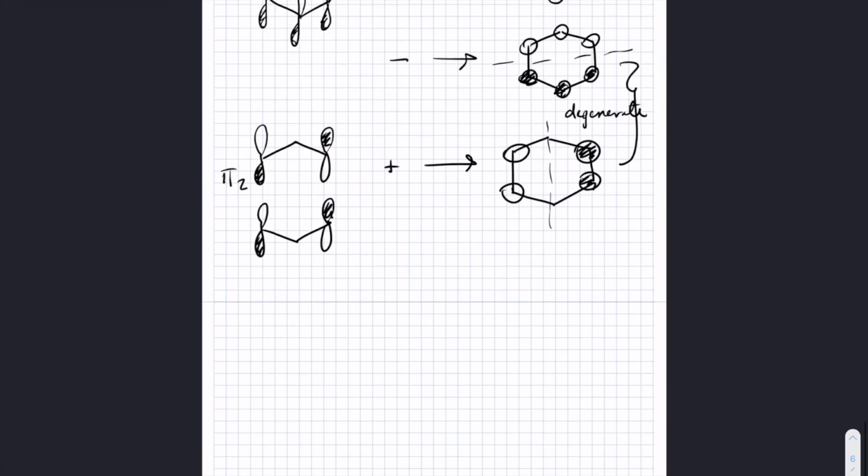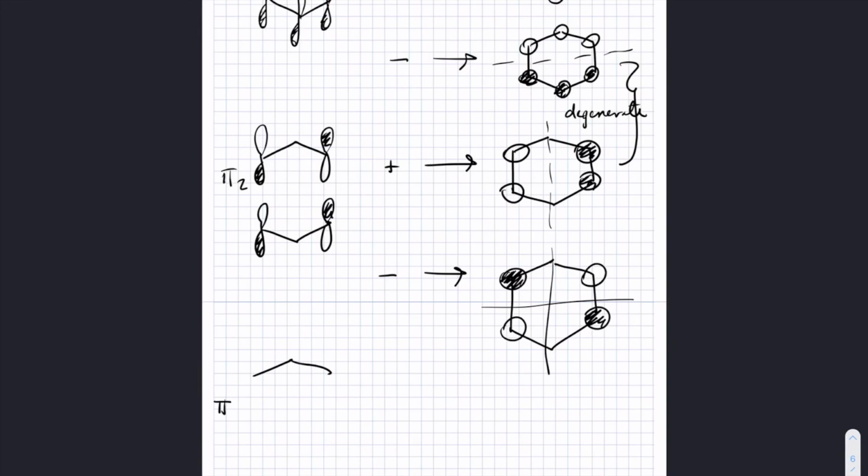Okay. If we do the out of phase combination there, we then get one of the two higher energy empty orbitals in benzene, where we now have two nodes.